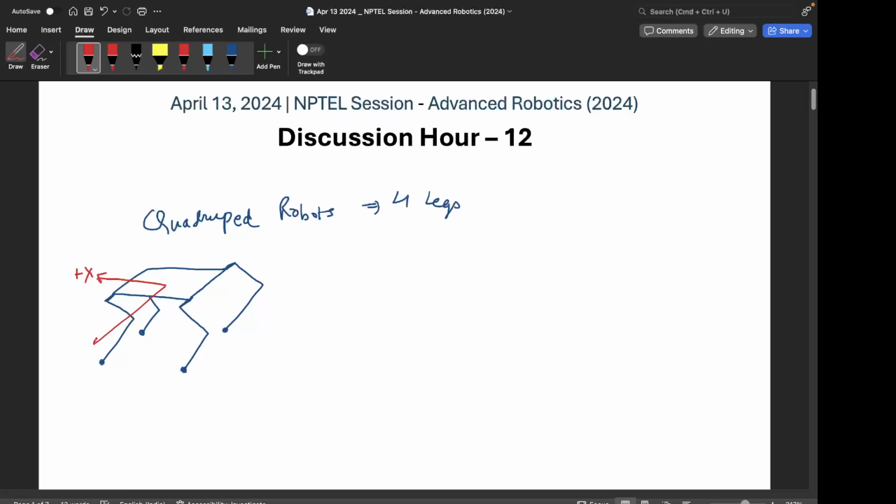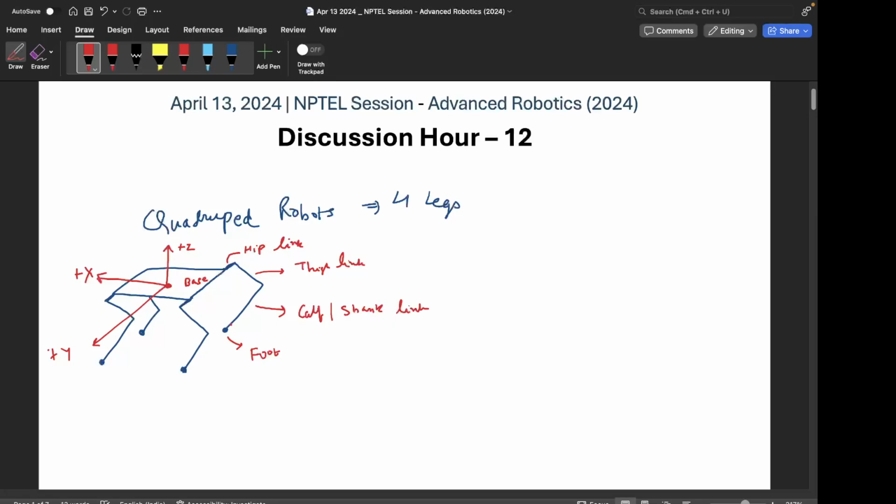This is the plus y axis, and this is the z axis. And we can put the center of mass here. This is the base or the torso. This is the hip link, the thigh link, and we can call this the calf or shank link, right? And this is the foot.